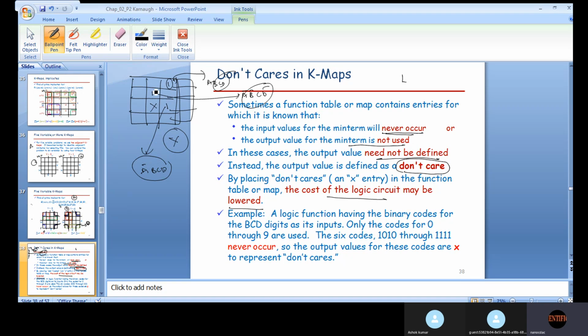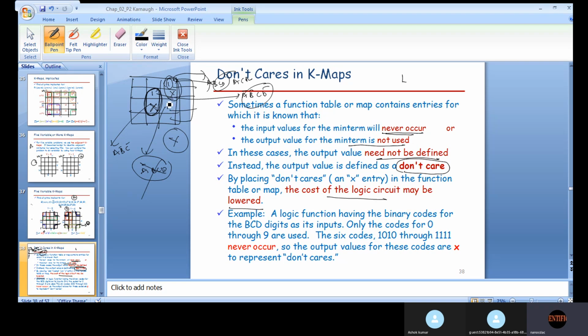Instead, wherever I have a possibility to use a don't care term, I will use it so that the number of literals will reduce. If I have 2 cells and I group them with a don't care term, what will happen? I can reduce one variable, right? And here also, if I group with one don't care term, I can reduce one variable.